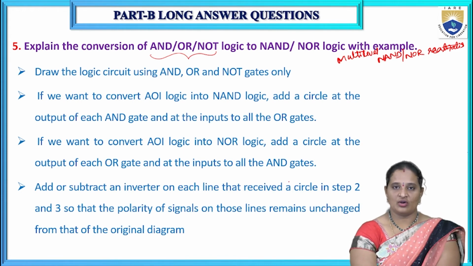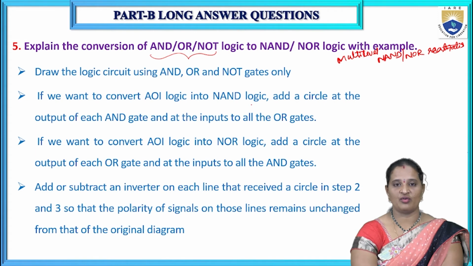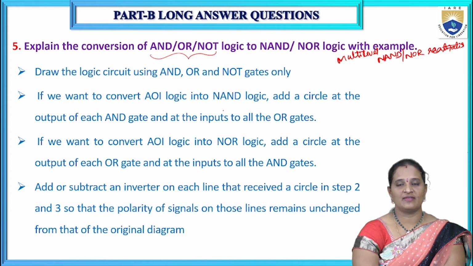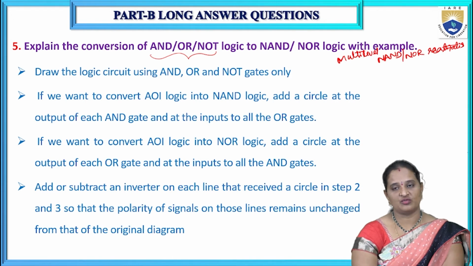Draw the AND or invert logic for the given Boolean function. If you want to convert it into NAND logic, as we just discussed, place the bubbles at the output side of AND gates and at the inputs of all the OR gates. And if NOR logic is chosen, what should we do?